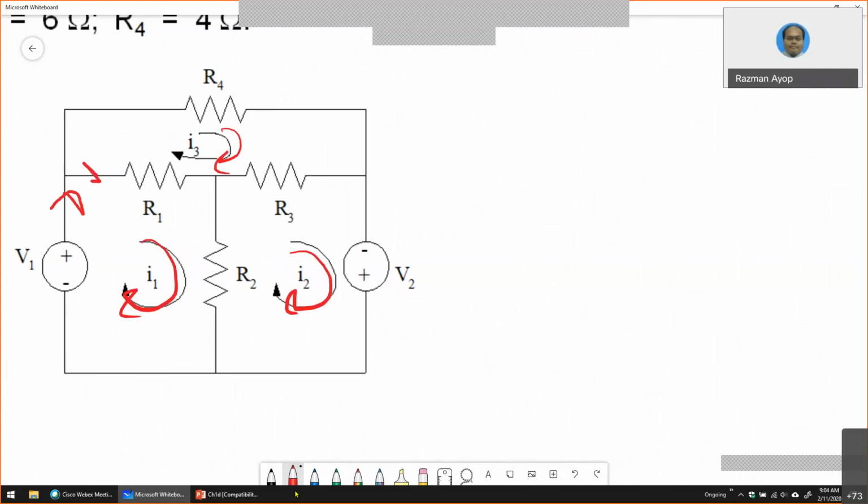The branch current is at the branch. For loop current, it uses I1, I2, I3. For branch current, don't use the same notation. For example, IA, IB, IC, ID. So make sure you don't use the same notation. This is what you have to do first.